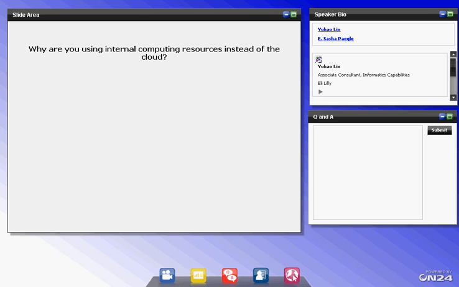Okay, great. And here's the next question for you. Why are you using internal computing resources instead of the cloud? Yes. So early on, we did use the cloud for some data processing when the internal capability wasn't as mature.